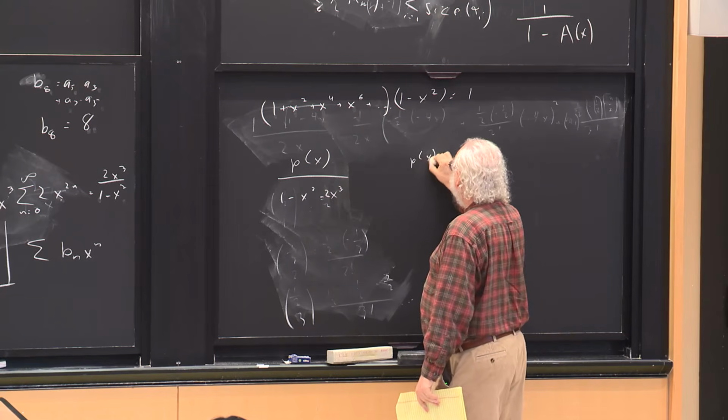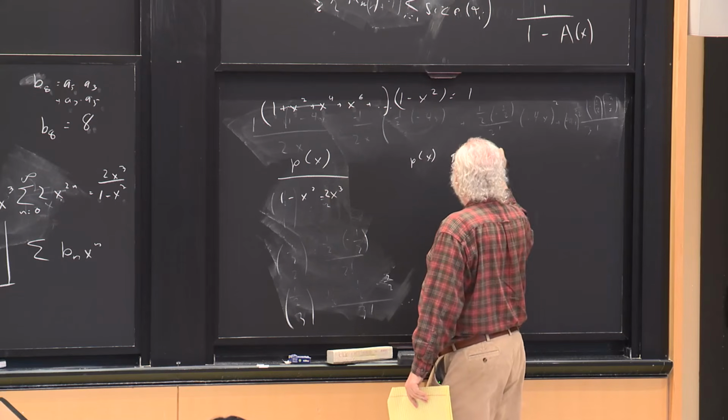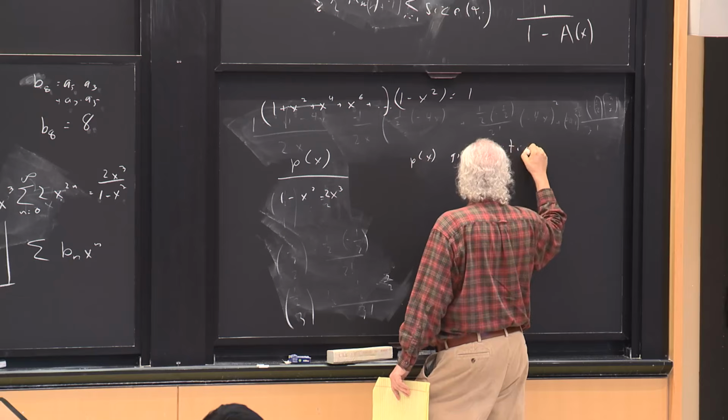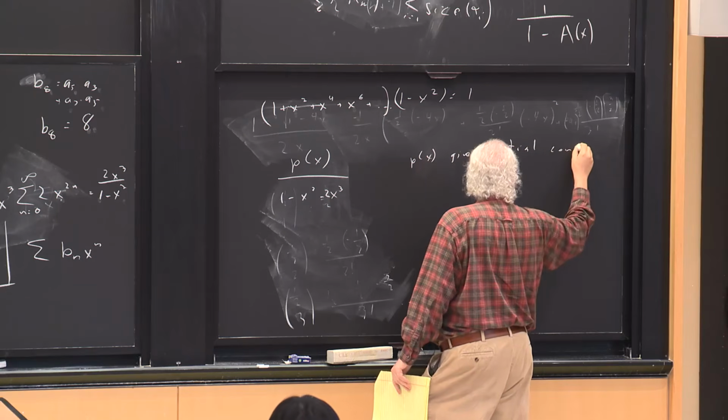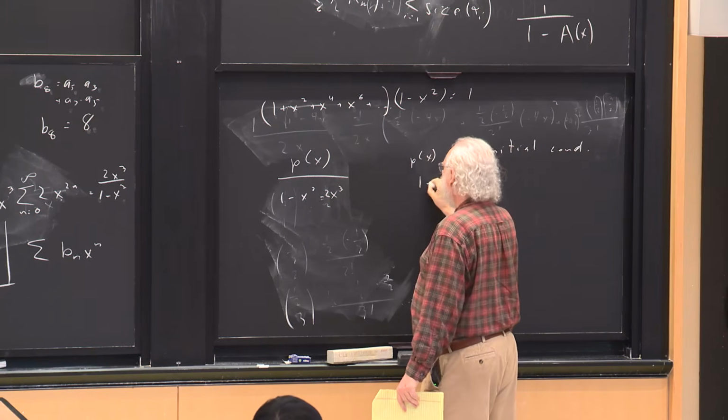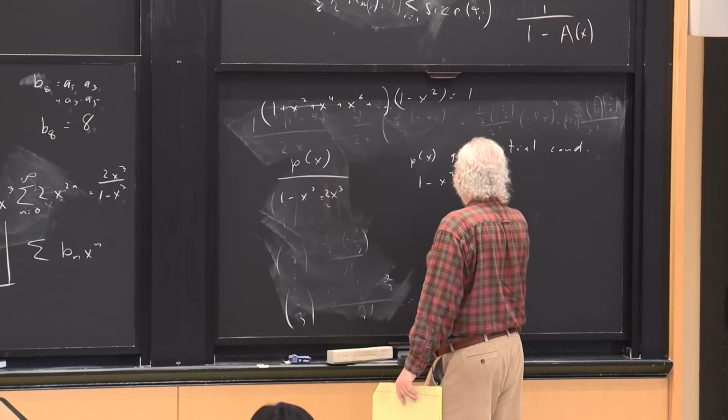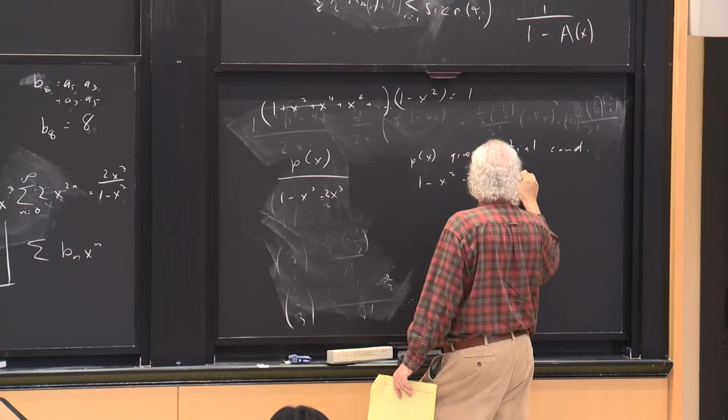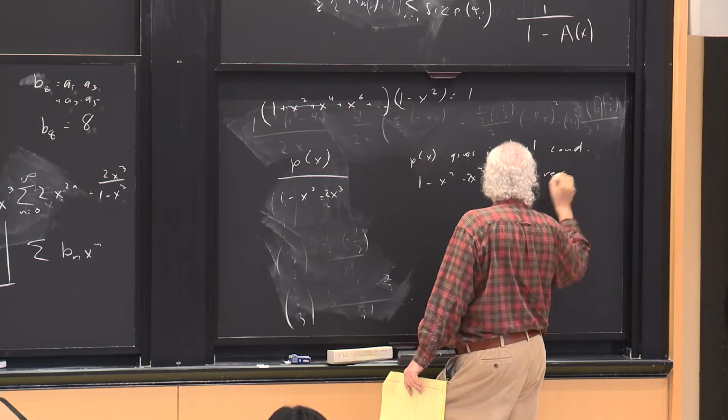P of x gives initial conditions, and 1 minus x squared minus 2x cubed gives the recurrence.